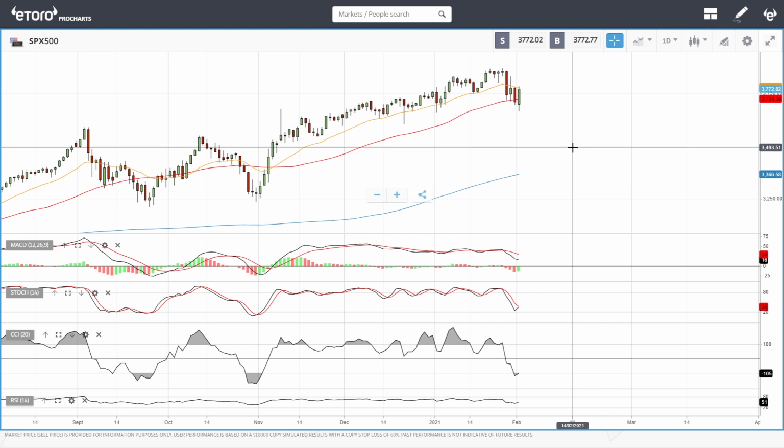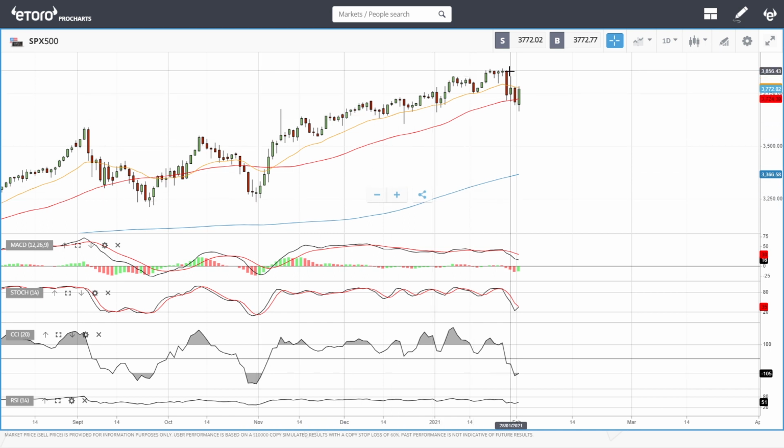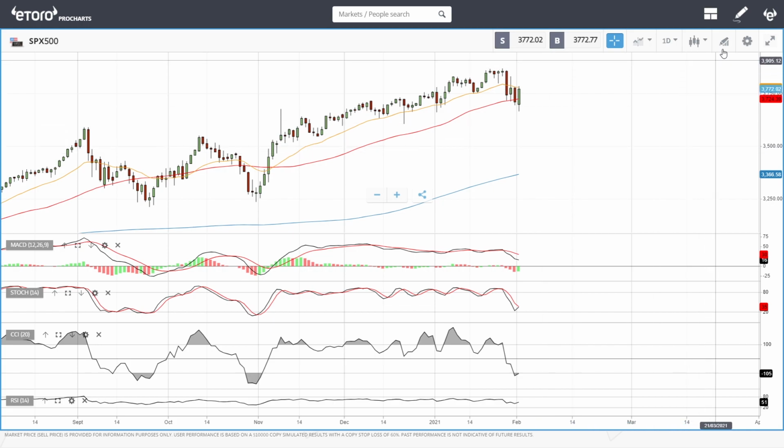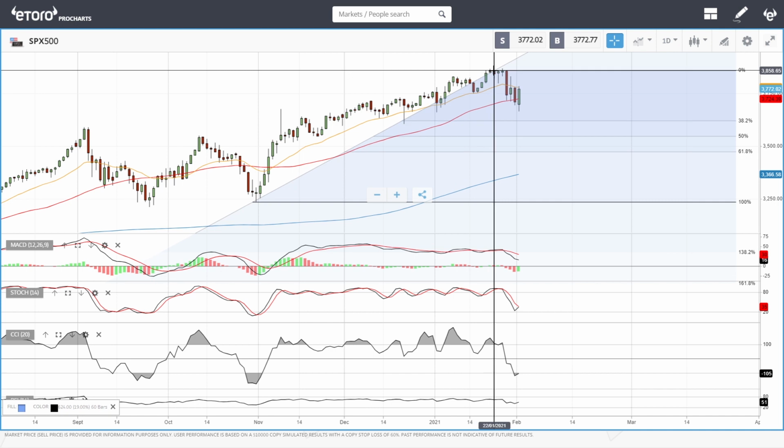So as I said in my analysis yesterday, we have been rallying since the beginning of November. We basically needed a pullback. How big this pullback is going to be, it could actually go much lower.